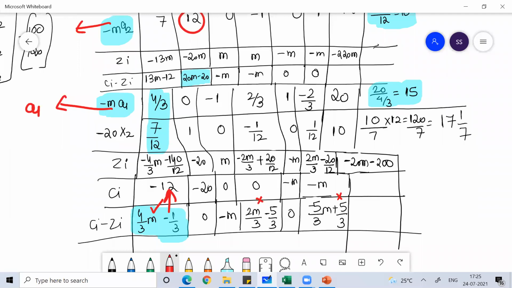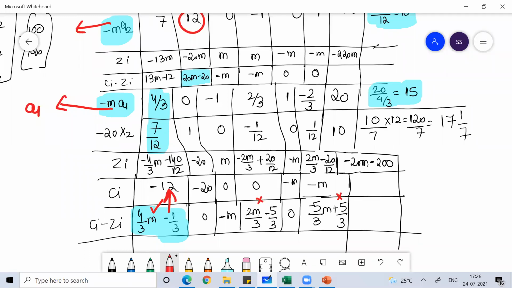It means A1 is leaving the solution and X1 is entering into the solution. Any doubt, anyone? No, sir.